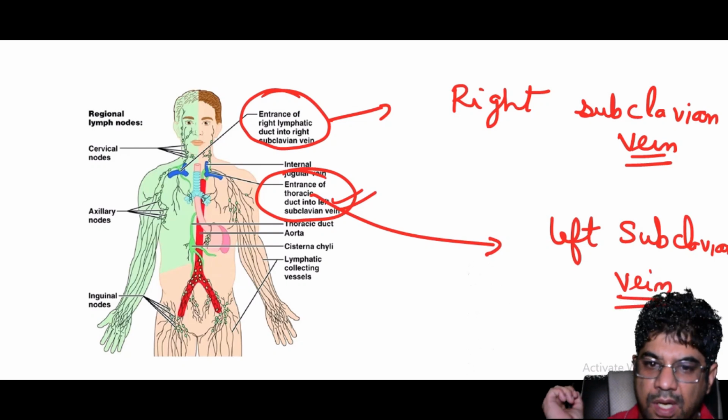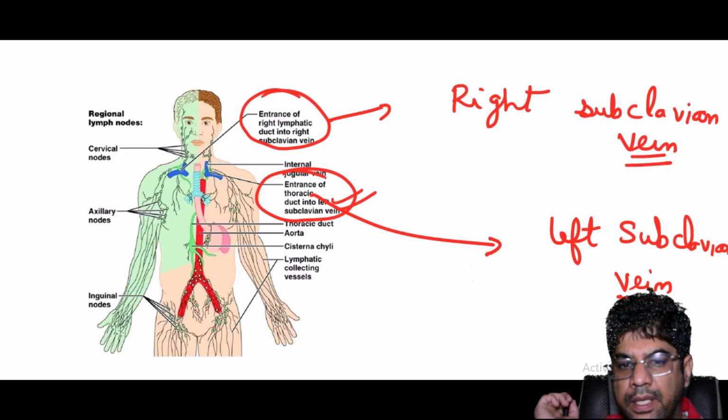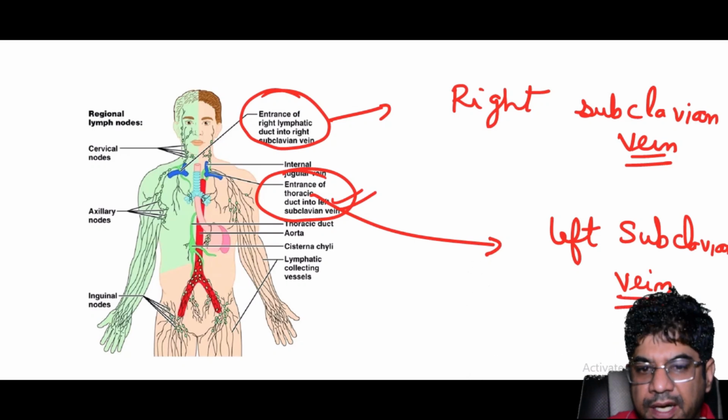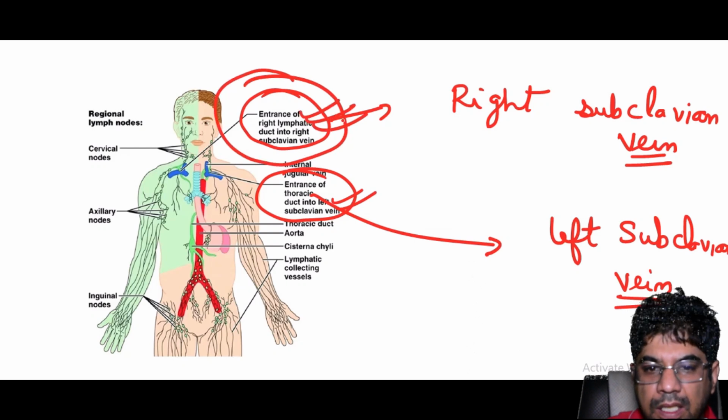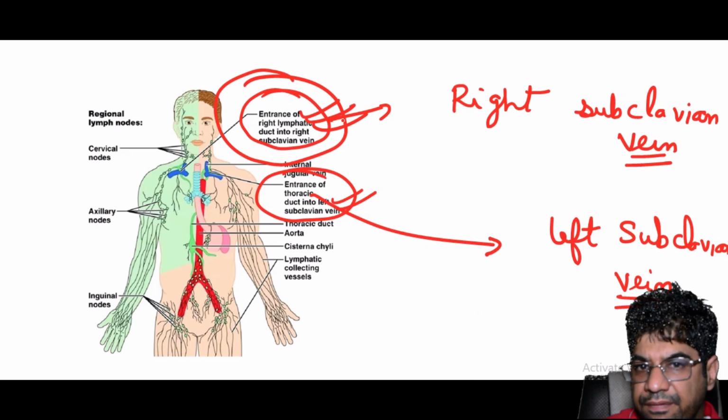Remember, the thoracic duct drains the lymph from more than two-thirds of the body tissue space. So where does the right lymphatic duct open into? It opens into the right subclavian vein.